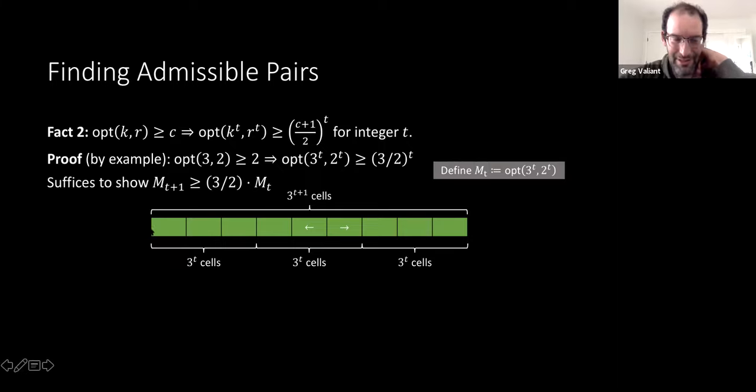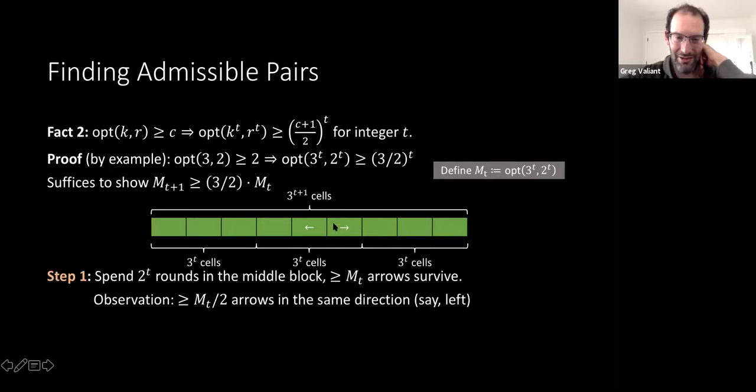You divide the 3 to the t squares into 3 big sets. You play out the game in the middle, and then you look to see, out of this middle game, are more arrows facing the right or the left? If more arrows are facing the left, then you play out the game in the right side, which erases at most half of the arrows in the middle.